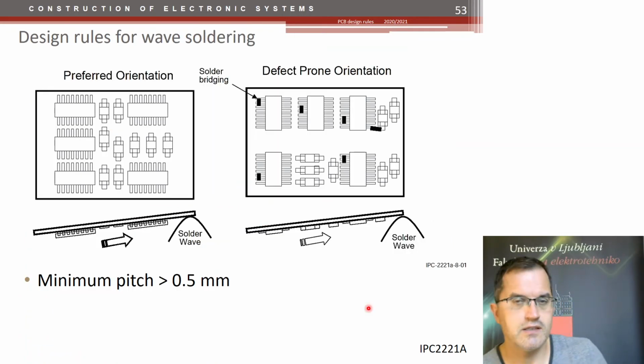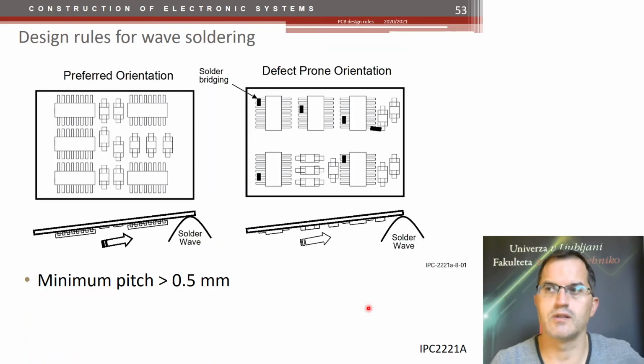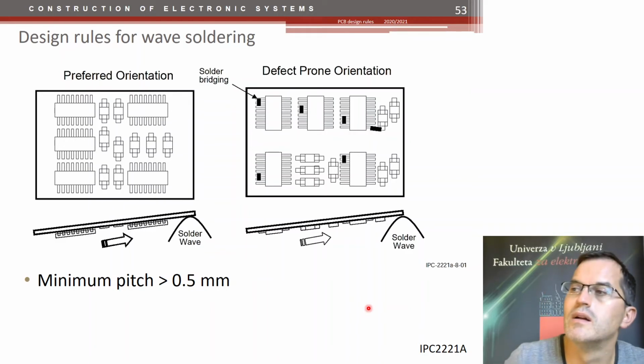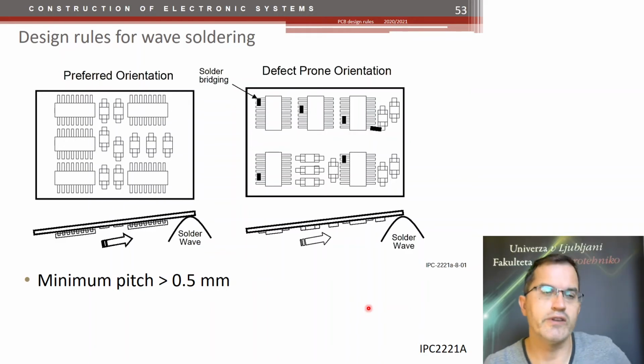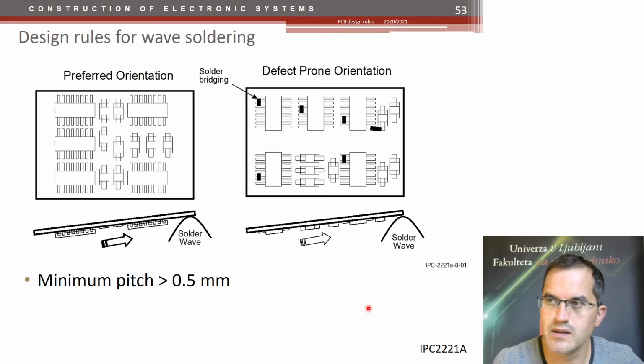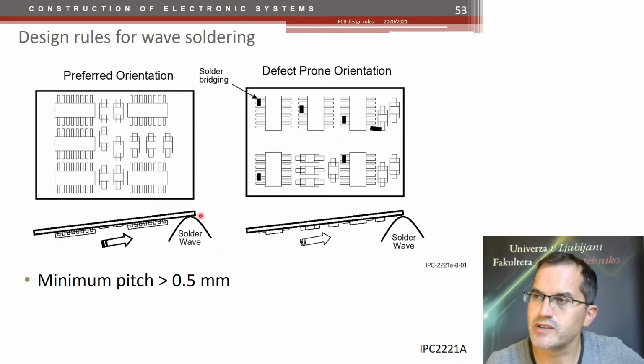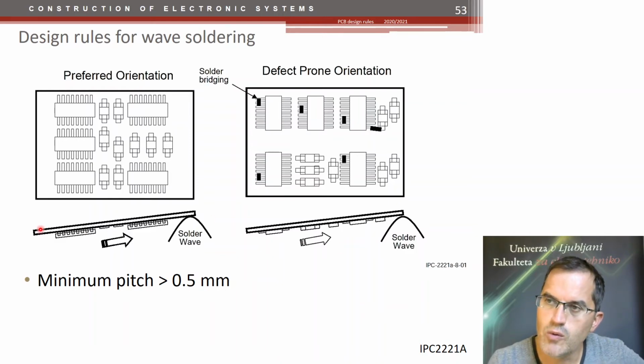Okay, the first design rule, which is the most important one, I would say, among all regarding wave soldering, is the orientation of the components. So what happens during the soldering process? When the PCB is taken across, the solder wave travels in this direction.